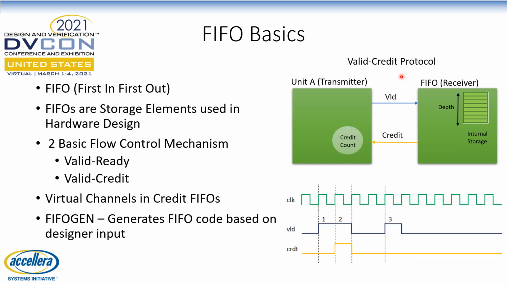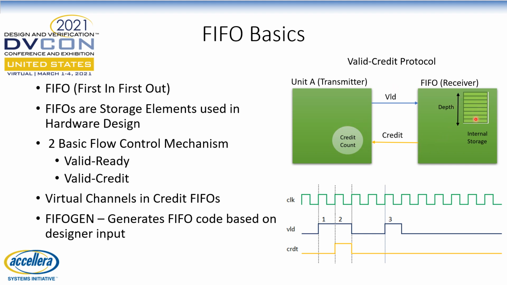Let's now try to understand how the valid credit protocol works. In the valid credit protocol, the transmitter maintains a credit counter, which is a shadow copy of the internal storage of the receiver. At the beginning, the credit counter is equal to the depth of the FIFO. When the transmitter transmits a packet, it asserts the valid and decreases the credit count because it knows the FIFO storage will go down.